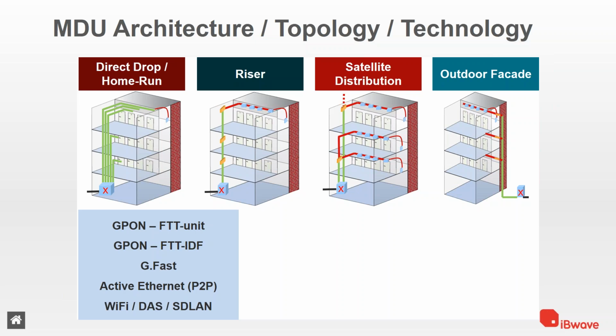For MDUs, we make the distinction between a fiber to the unit and a fiber to the IDF deployment based on where the ONT, or optical network terminal, is located. If it's in the unit, it's going to be a fiber to the unit deployment, or we could potentially put the ONT in the IDF closet.